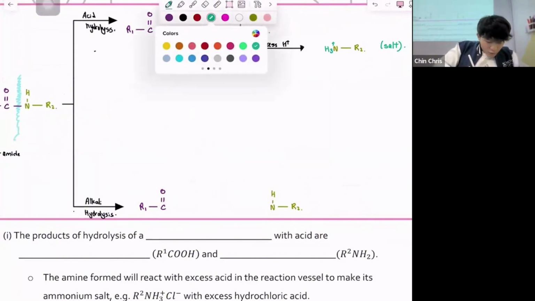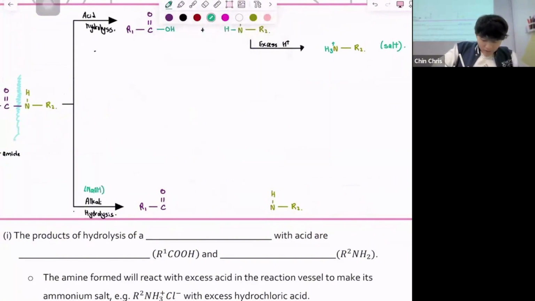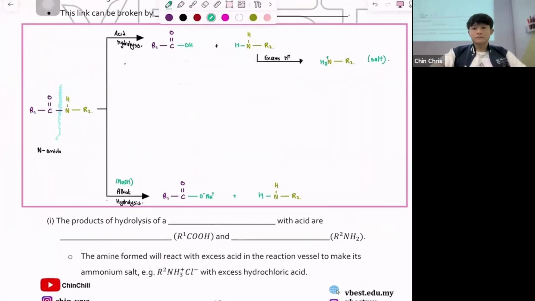For example, I use NaOH here, so it's going to be COONa and an amine. Done. So this is a carboxylate salt.